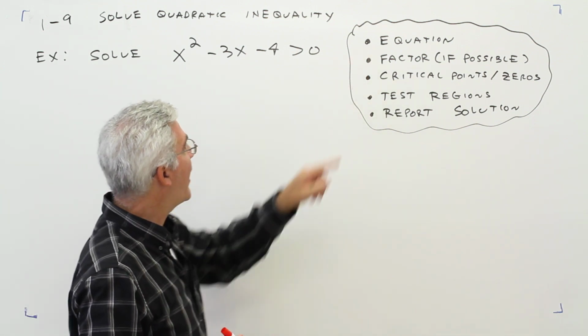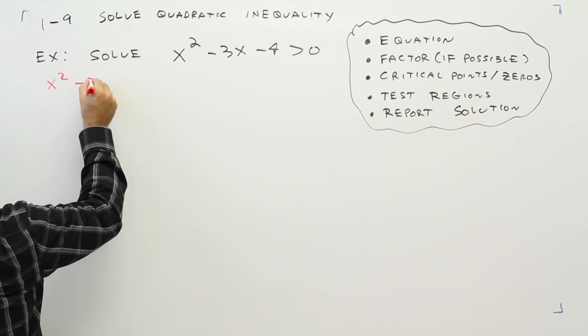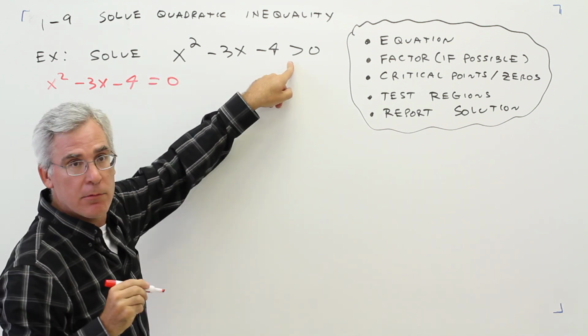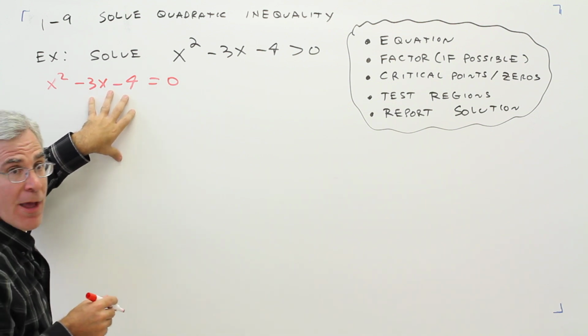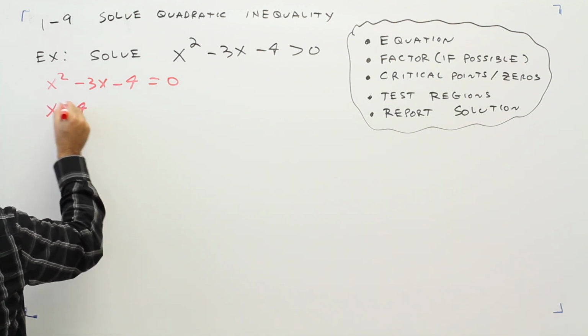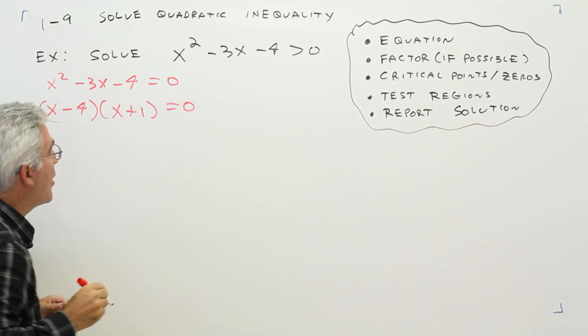So step one, make it an equation. I'm just going to rewrite it as x squared minus 3x minus 4 equals 0. That's all I did. Then factor this equation: (x minus 4)(x plus 1) equals 0.